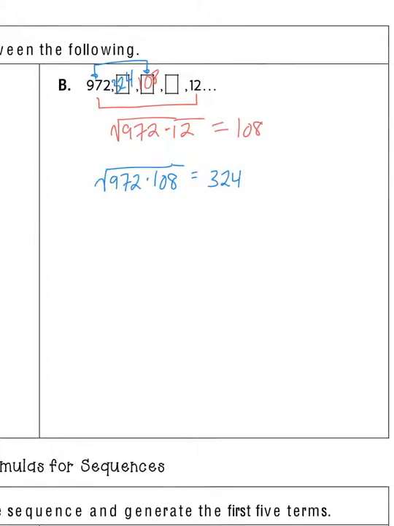And then finally, I want to do the geometric mean between these two. So 108 times 12. Of course, if you make a mistake in any of these, it's going to cause you to have an error elsewhere. And then the square root is 36.